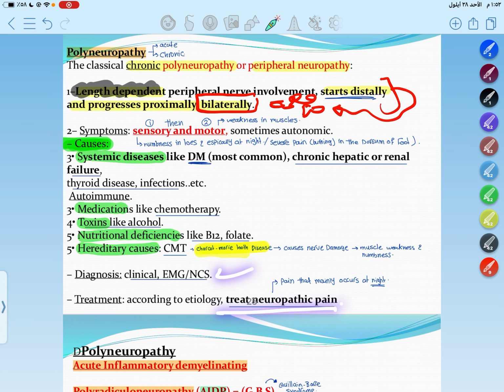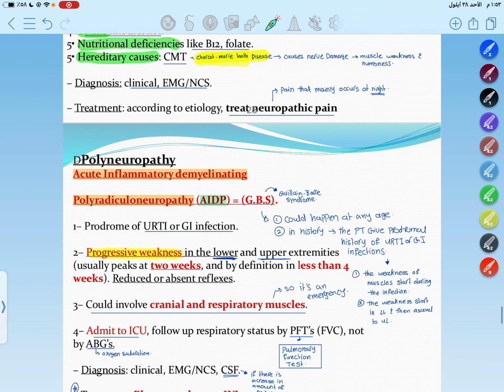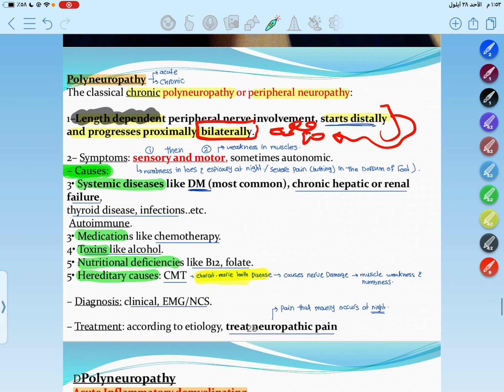Now treatment, of course, is according to the etiology, to treat the etiology, but we have a problem of neuropathic pain, the burning pain. Those who have neuropathic pain don't respond to the usual analgesic drugs. Sometimes we use modifying drugs.